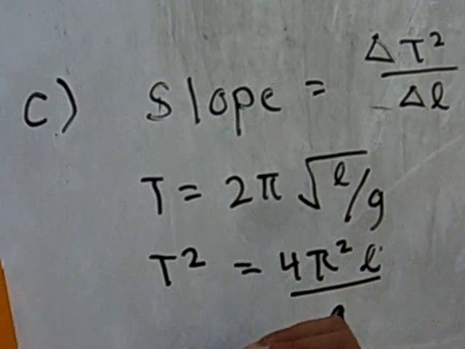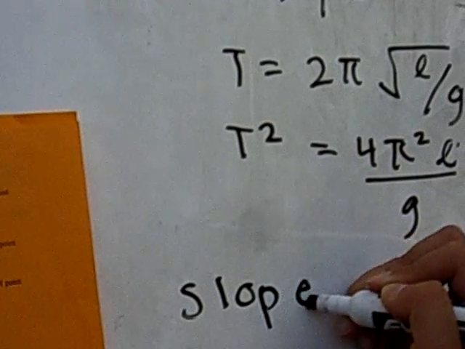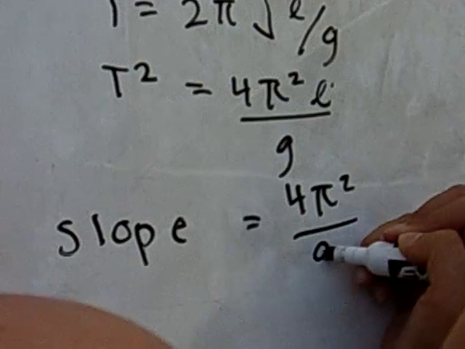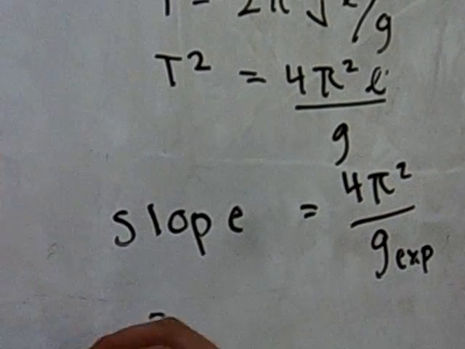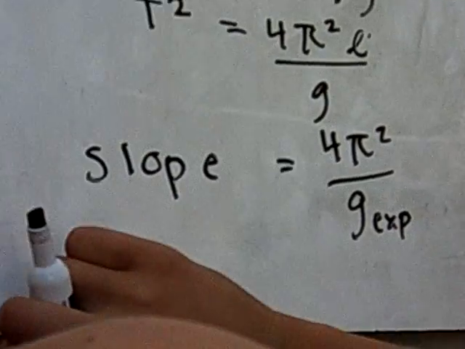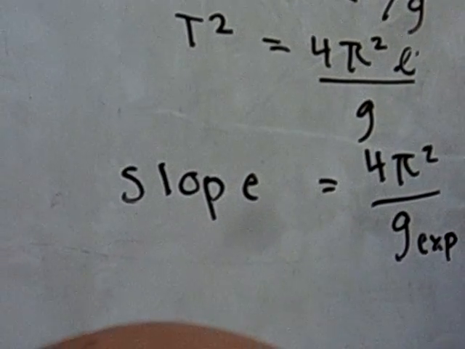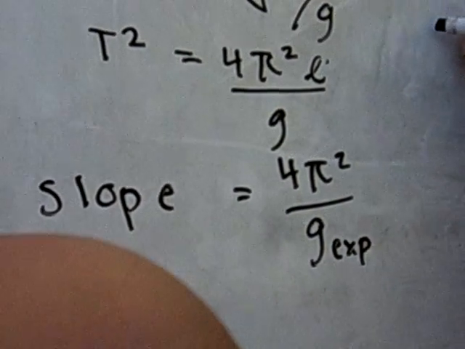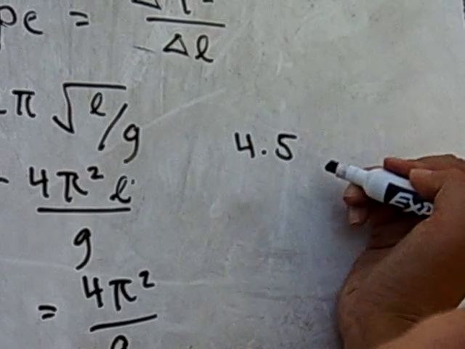So let's say you bring the L over here, then you're just going to have slope equals 4 pi squared over g. This is going to be your experimental g. And then your slope is going to be the slope that you're going to get from the graph, which you should have learned in your calculus classes. And then the slope is going to be approximately 4.5.